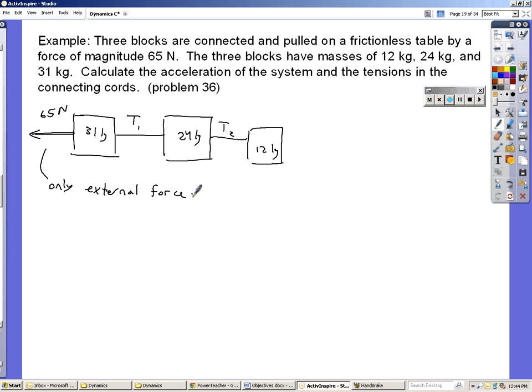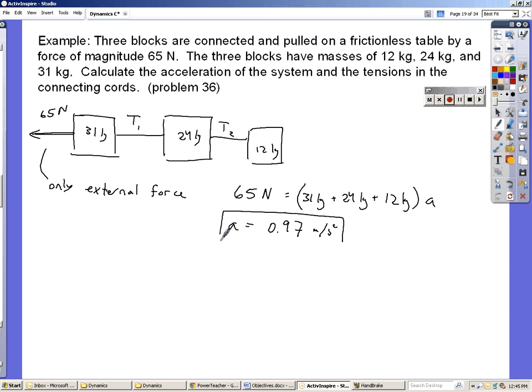And so we can say that the external force, 65 newtons, is equal to the total mass, 31 kilograms plus 24 kilograms plus 12 kilograms, all times A. Solve for A, and we get 65 divided by 67, and we get 0.97 meters per second squared for our acceleration. Okay, that was easy.